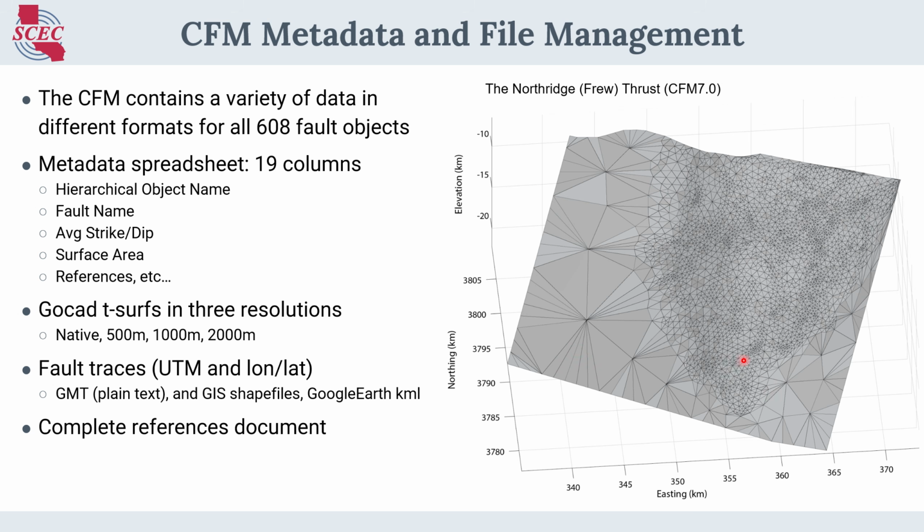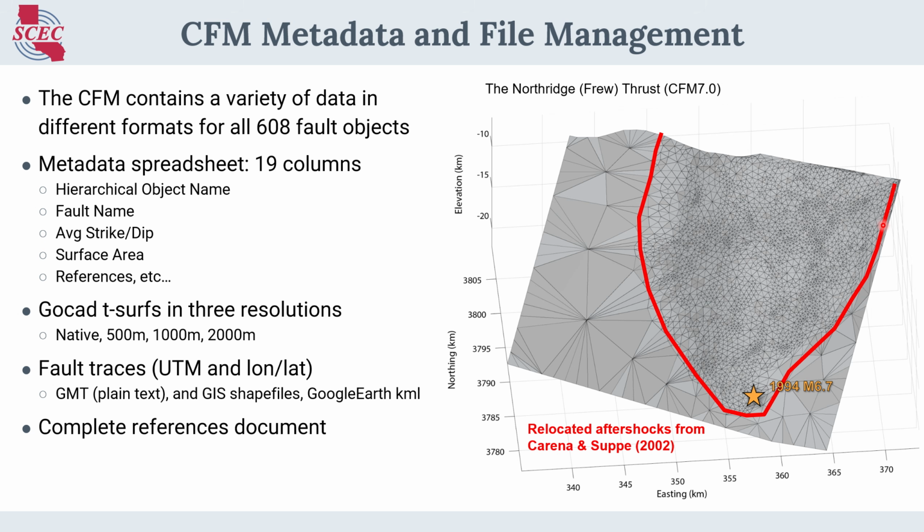But you can see that there are tons of triangles here in the middle, and that's because that is where Carena and Suppi actually relocated all the aftershocks after the Northridge event to define a complicated non-planar surface. However, dislocation models based on geodesy showed that the fault has to be bigger than this. And so this outer part here is this poorly resolved dislocation model, and that's why the triangles are bigger. So the native mesh has the advantage of showing you where there's data and where there's not data.